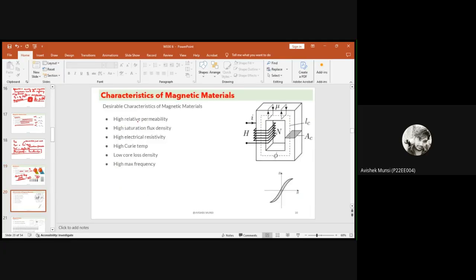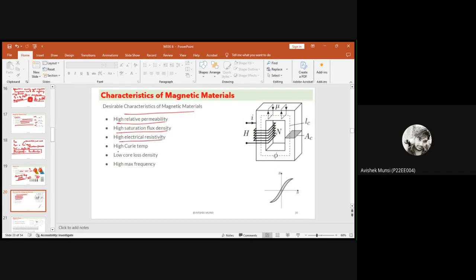So the characteristics of magnetic material which are desirable for inductor design, we already discussed those terms. One is we require high unity permeability, and high saturation flux density so that the inductor does not get saturated before the flux reaches the expected value.